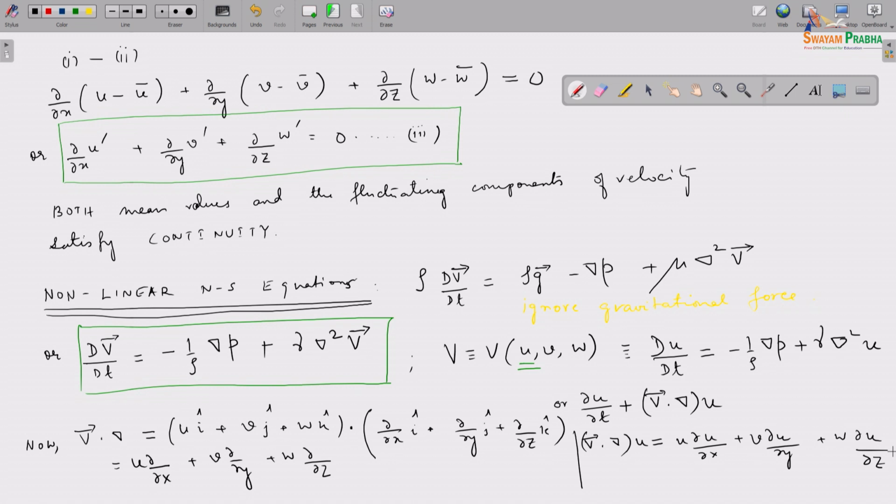Can we write something else to this? Can we write this also in another form? Can we do any other change to this? Can I also write this as, for example, this?